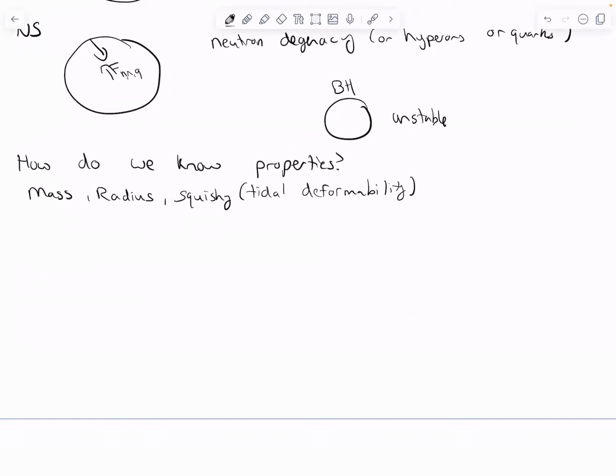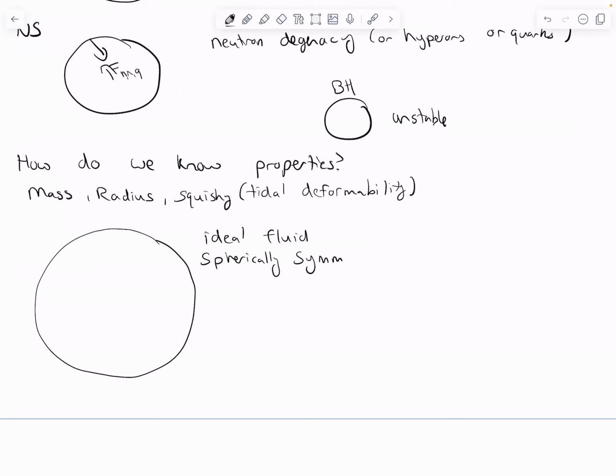If you have a star here, we can imagine that this star is an ideal fluid and that it's spherically symmetric. In this case, you can take a very, very tiny fluid cell like this. On one side of that fluid cell, of course, you have the force of gravity pushing you inwards.